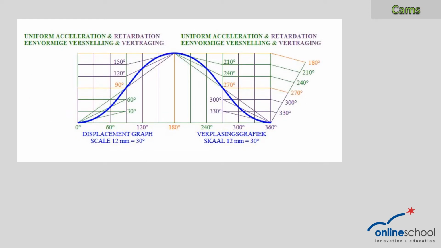This displacement graph shows the movement of the follower in uniform acceleration and retardation, and it's another new construction that you need to do. I refer to this as the how to divide a line into equal segments construction.